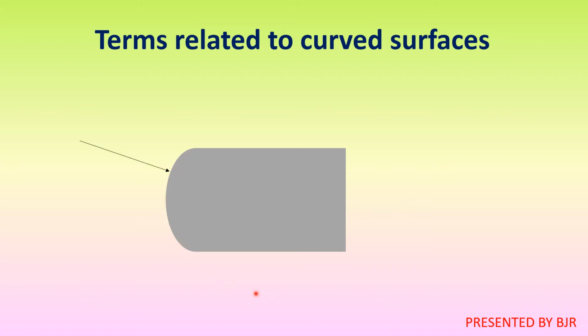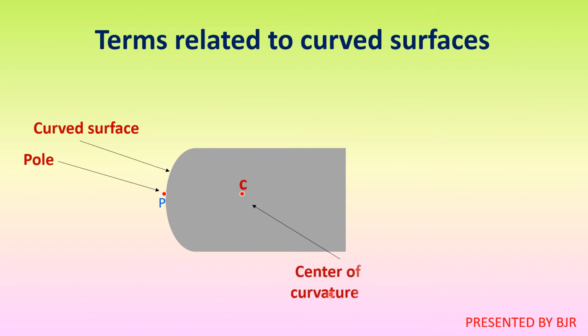And this P is called the pole of this curved surface. And here the point C is called the center of curvature. So C is called the center of curvature.